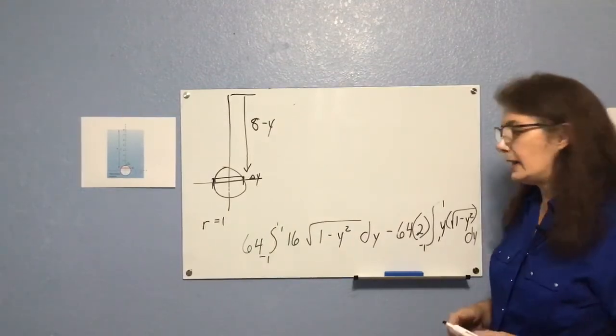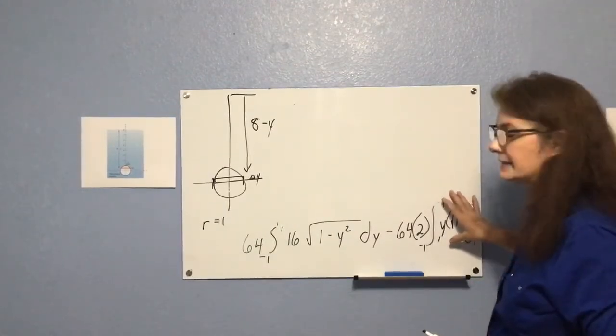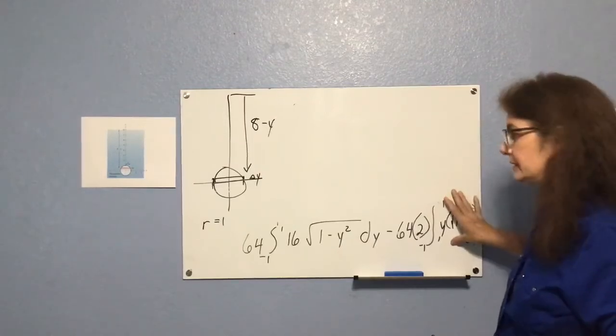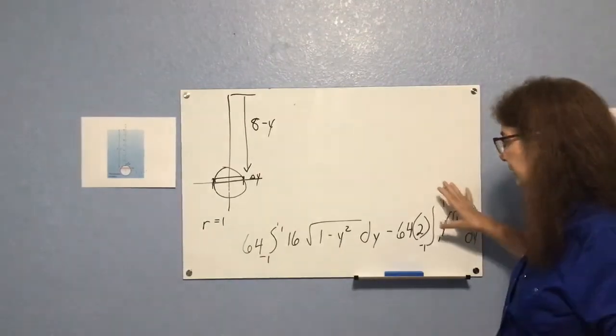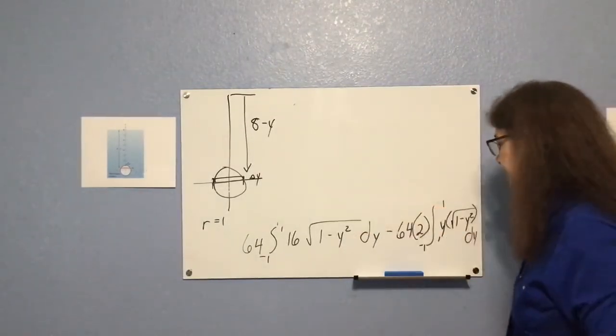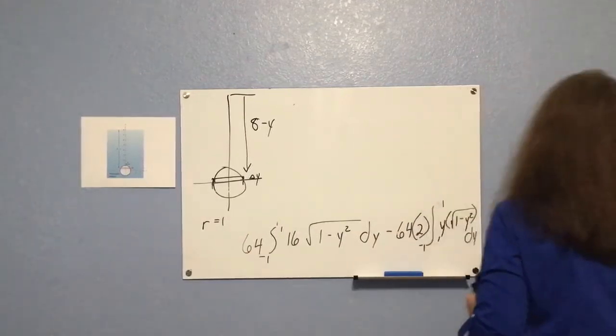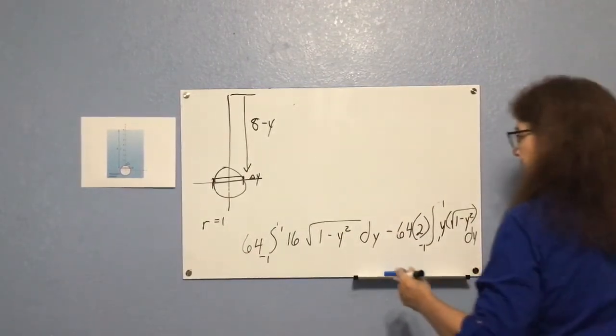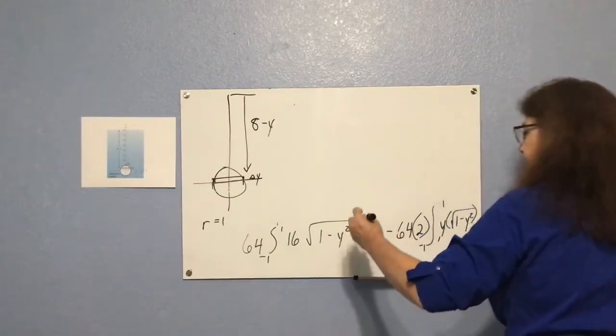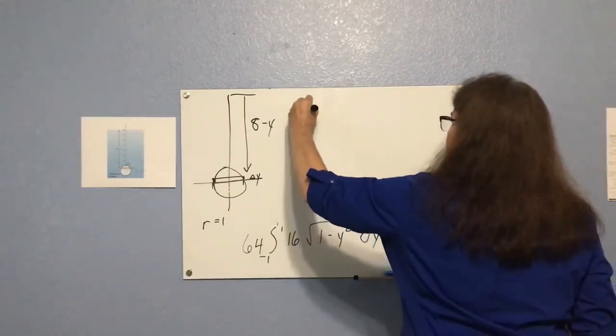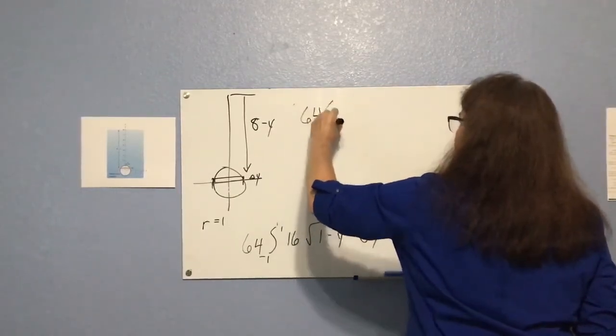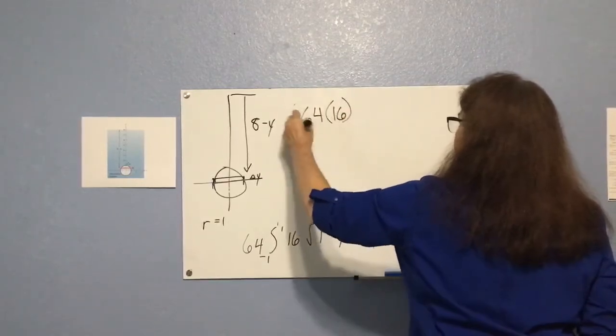So since the integrand is odd, this is going to be 0. So that means all we really have to worry about is this part. Okay, so we're going to take some different things out here. The 64 is already out. We're going to take out the 16.